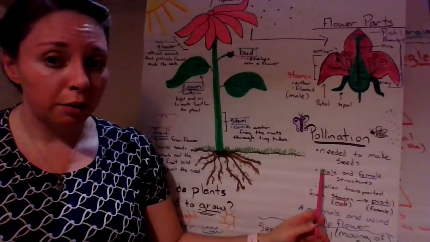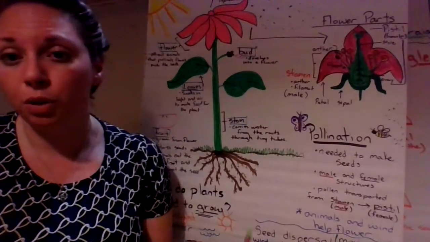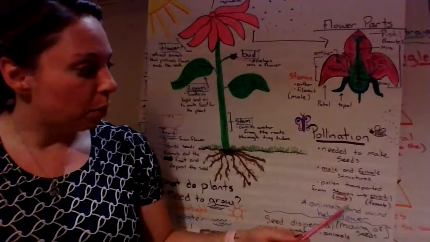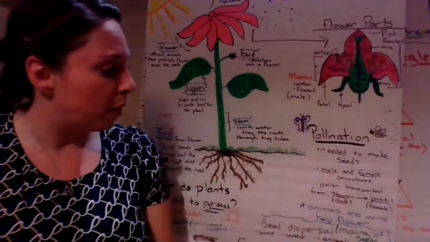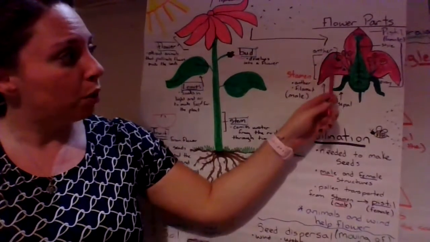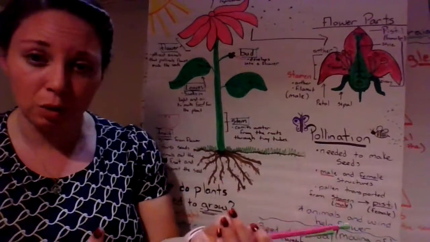Reviewing the flower, a flowering plant has a male and a female structure, and they have to work together in order to produce the seeds. Pollen is transported from our stamen to the pistil in a variety of ways. Some of the ways that the pollen is transported from here to here, because remember, flowers don't have hands, they can't do it themselves.